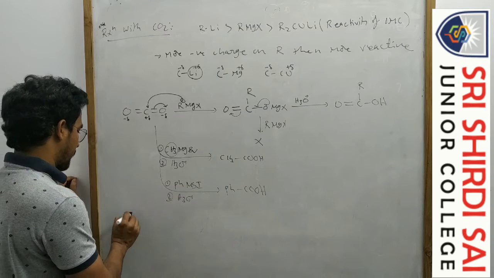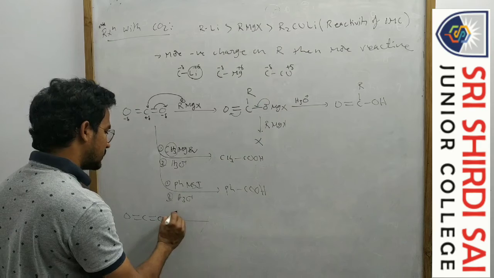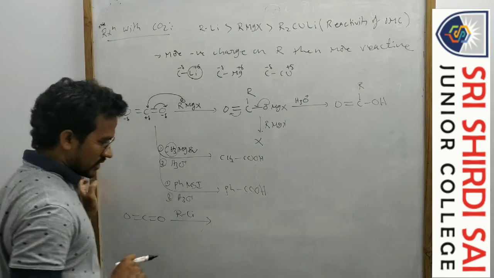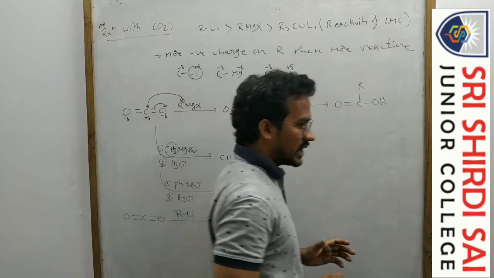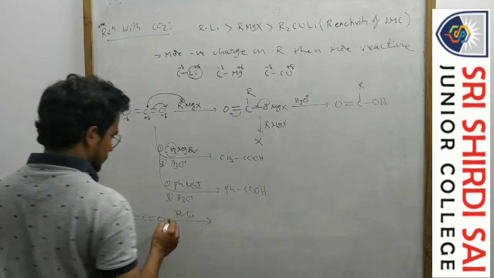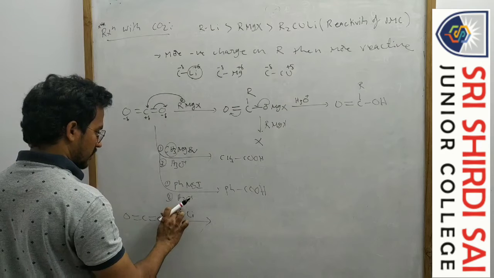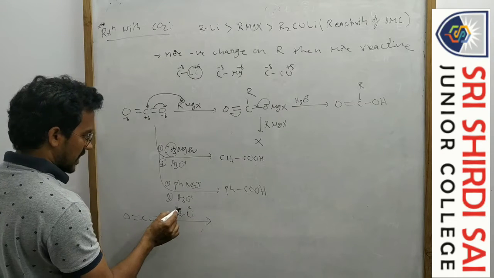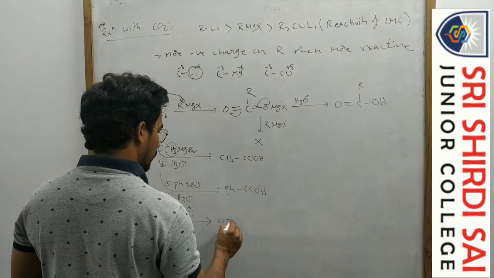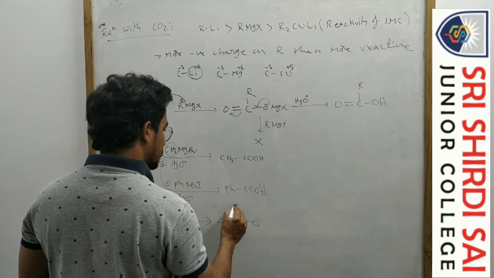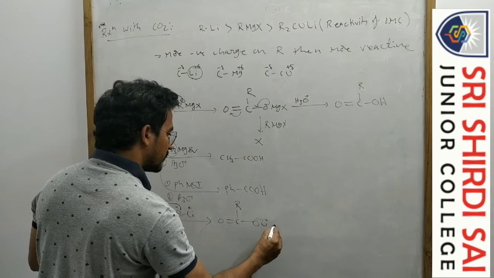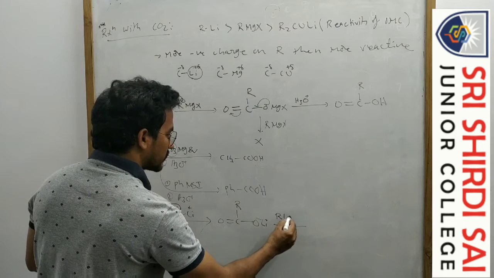But on reaction with alkyl lithium, which is generally more reactive, R minus and Li plus, R minus attacks this positive carbon, giving the double bond, O minus, and the alkyl group.